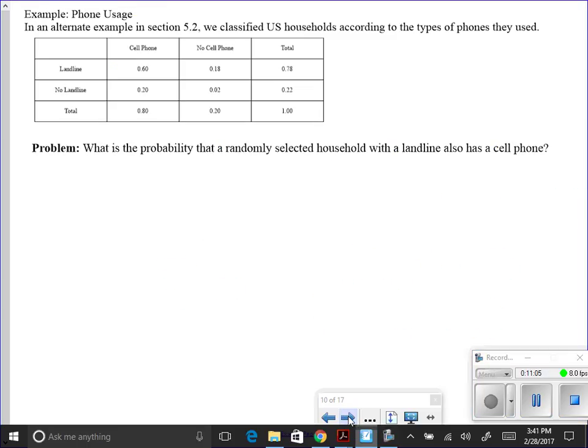All right, so the next question, what's the probability that a randomly selected household with a landline also has a cell phone? So this is a conditional probability. The condition is a household with a landline. So we're looking for the probability of a cell phone given that you have a landline.